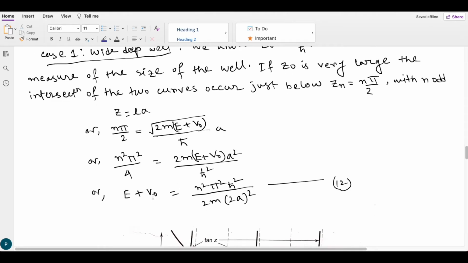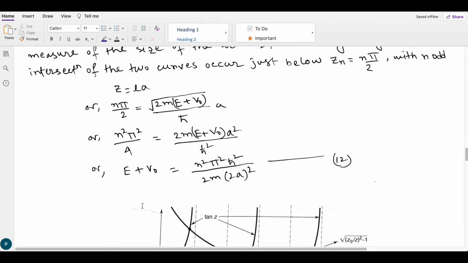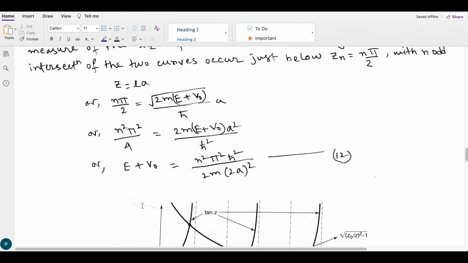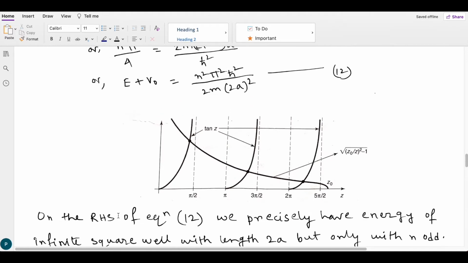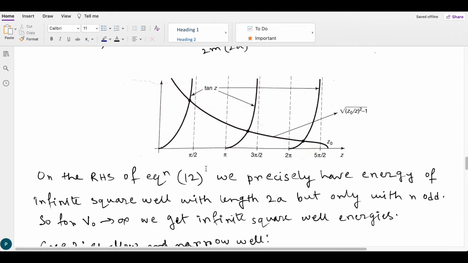So from here we can determine E plus V naught equals n square pi square h cut square by 2m into 2a whole square. On the right hand side of equation 12, we precisely have the energy of an infinite square well with length 2a.